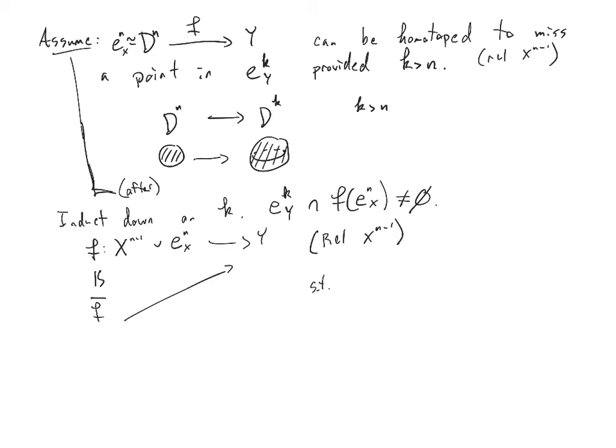So such that F bar, how do I want to say this? Such that there exists a y in E_k, y in the interior of E_k.